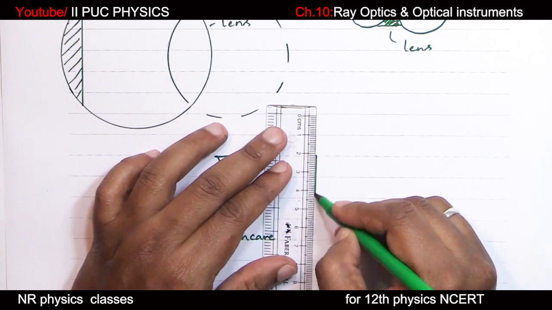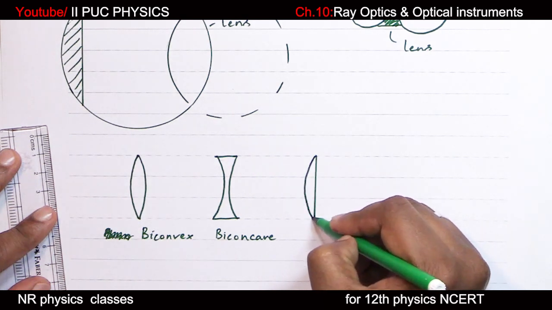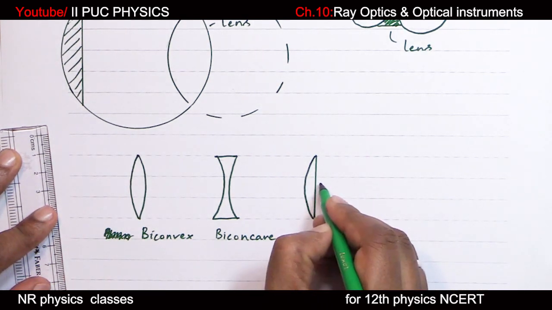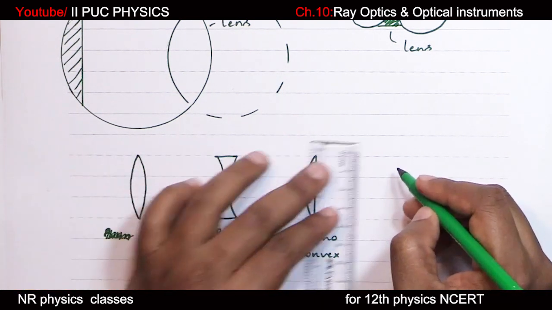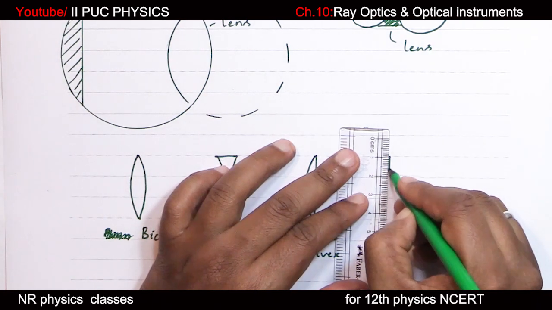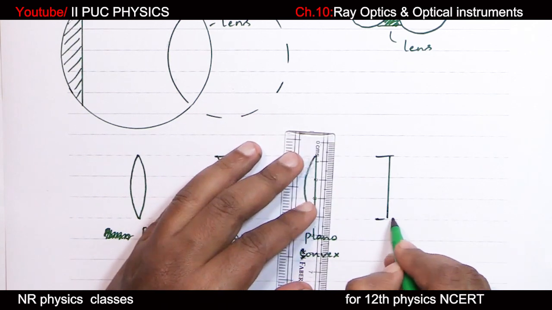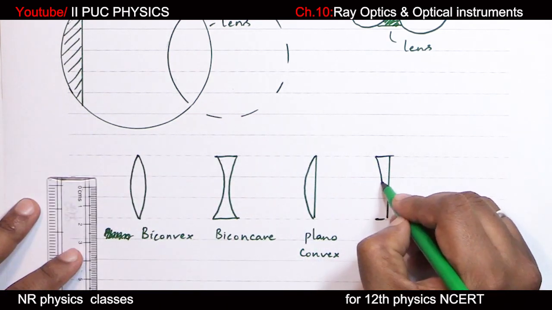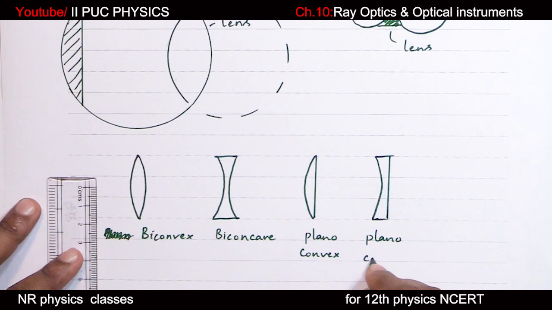This is a plane and this is a convex surface: plano-convex. This is a plane, this is a concave surface: plano-concave.